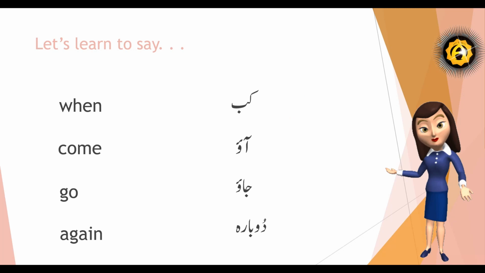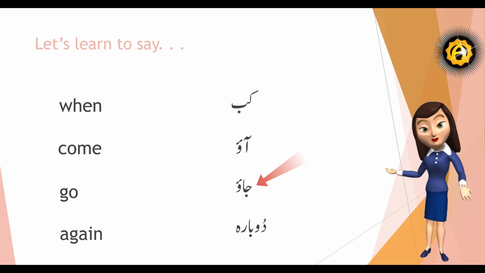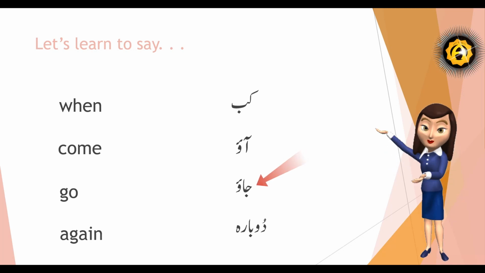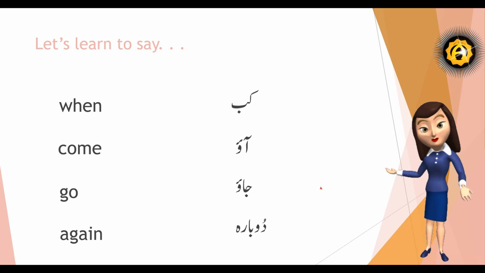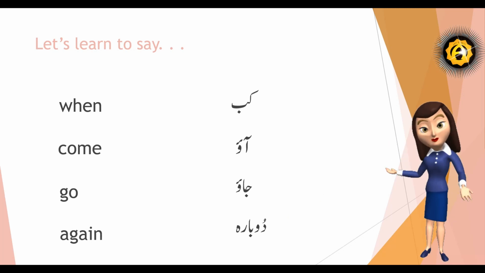Then in English we say go, and in Urdu it is जाओ. Then in English we say again, and in Urdu दोबारा. Repeat all of these words many times for better practice.